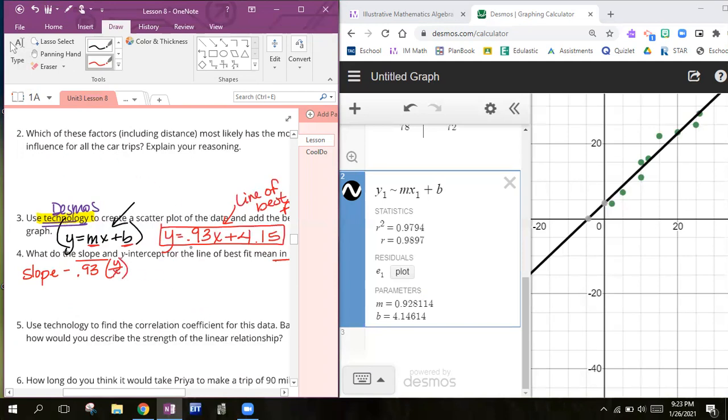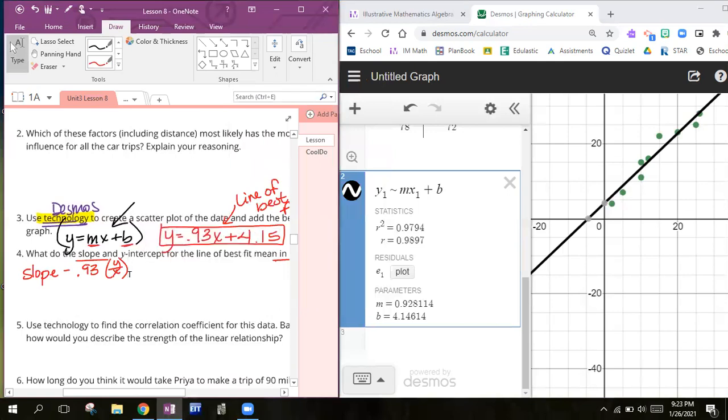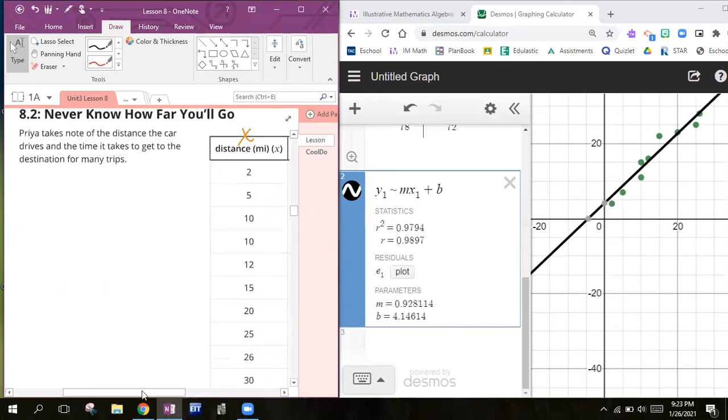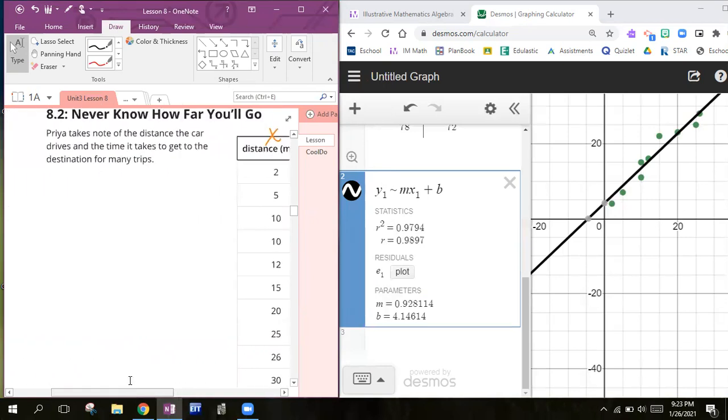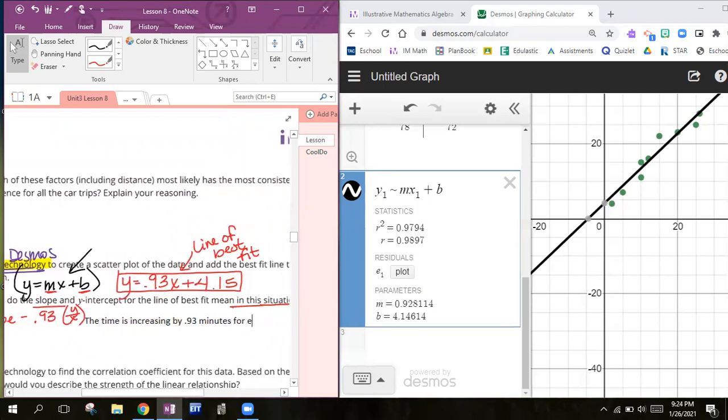Okay, so what is our y value talking about? It's talking about the time. Okay, my slope is positive 0.93, so the time is increasing by 0.93. What are we measuring in? Minutes.